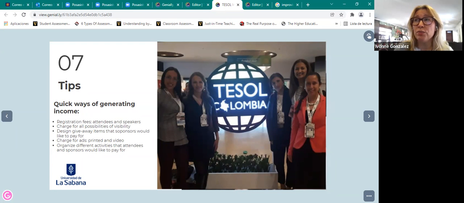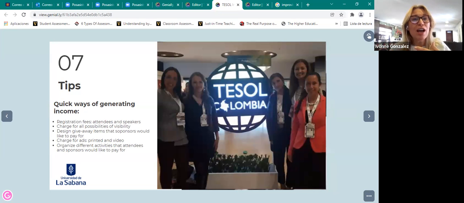Another activity that we do is that within TESOL Colombia, the convention, we have the awards, the TESOL Colombia Awards. We launched that last year and we are going to continue doing that. The awards get the attention of the institutions and teachers who want to participate and show the projects that they are implementing.